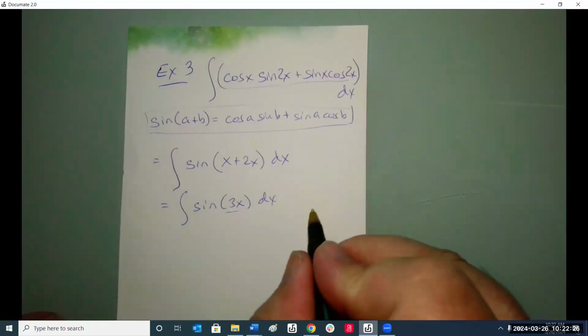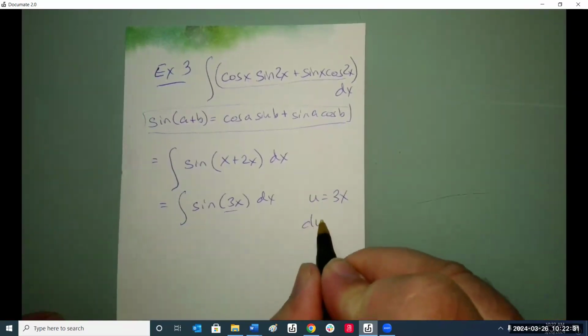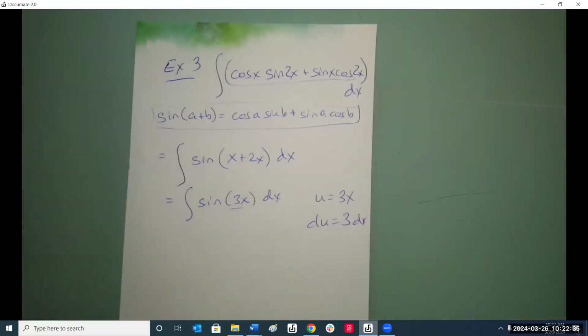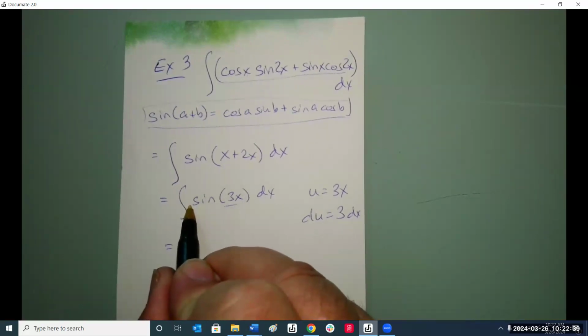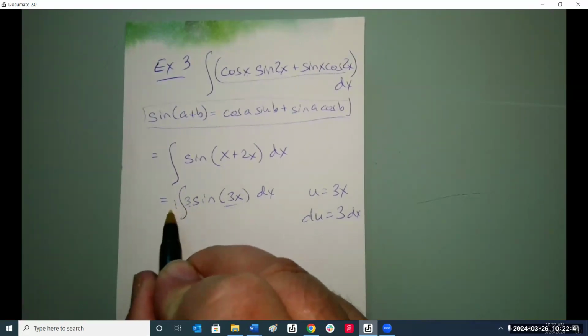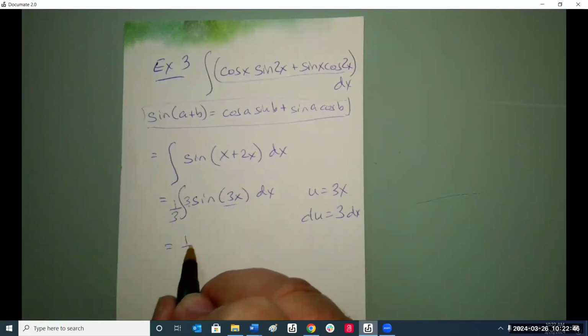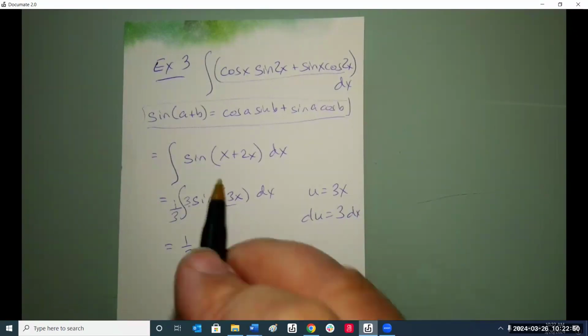Now, we use substitution, so we say that our u is 3x, our du is 3 dx. So we need to have a 3 in front, so we have to divide by a 3 out here. So we have 1/3.